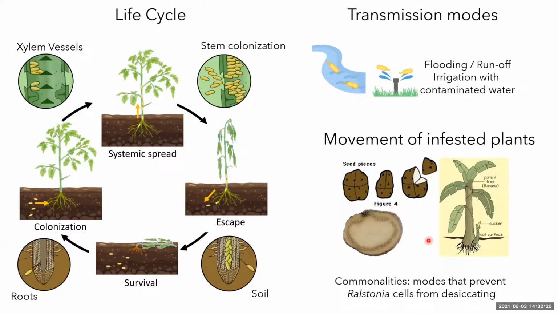And the fact that especially crops like potato and banana are vegetatively propagated, a lot of pathogens can potentially cause latent infections that you don't see, and then they can be moved into that new location. And generally for transmission, Ralstonia is kind of on its own, and as long as it doesn't dry out, it's good to move.